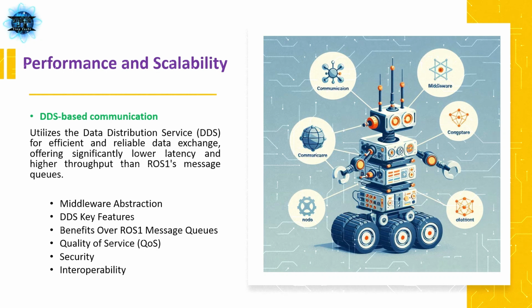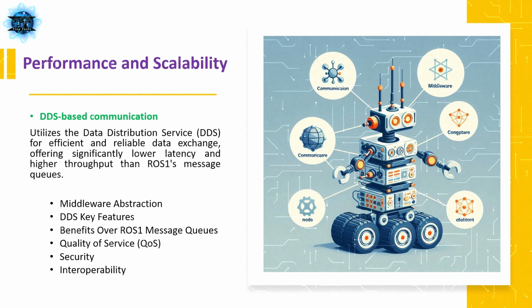So what is DDS based communication? As we discussed already, it utilizes the Data Distribution Service for efficient and reliable data exchange, offering significantly lower latency and higher throughput than ROS1 message queues. And coming to middleware abstraction under ROS2, what exactly is it?